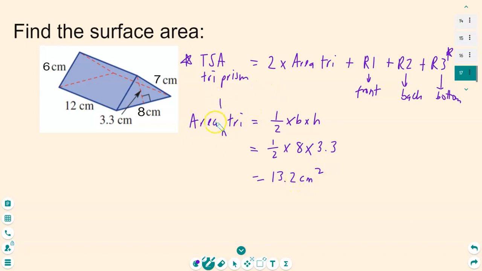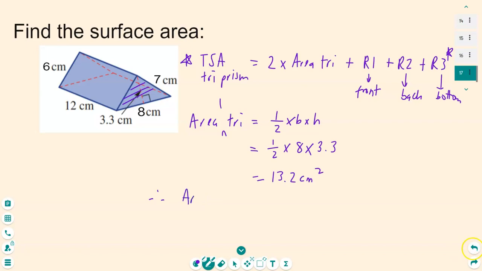Now that's the area of one triangle. Now notice we've got this front triangle and we've got one at the back as well. And they're both of the same dimension, so we can just times that by 2.